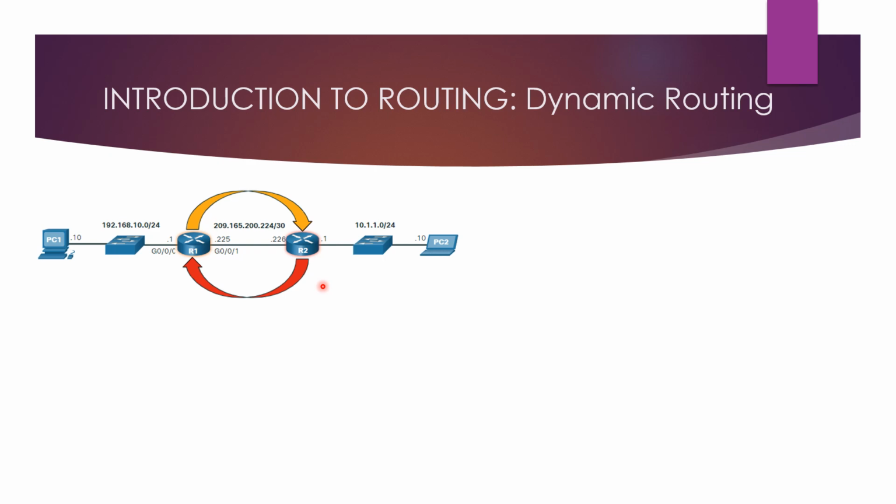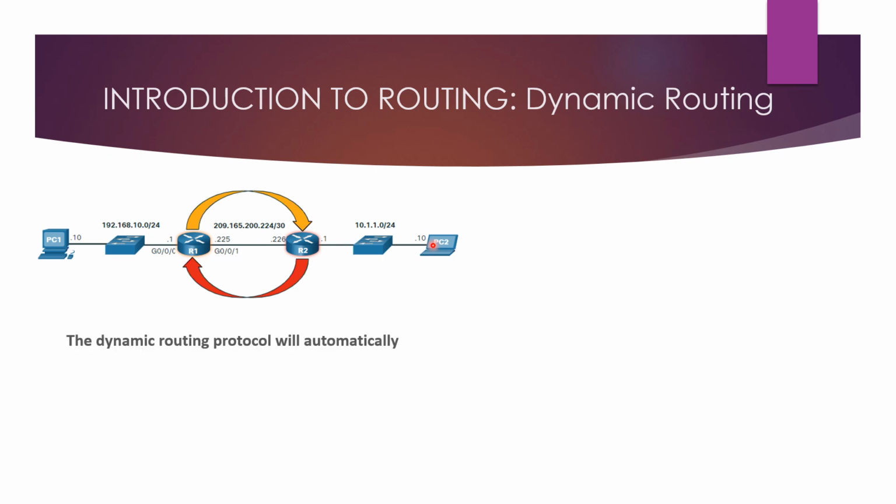Router 1, by using this protocol, lets router 2 know about the network 192.168.10.0/24, and router 2, by using this protocol, lets router 1 know about the network that it is connected to, the network 10.1.1.0/24. Basic configuration only requires the network administrator to enable the directly connected networks with the dynamic routing protocol.